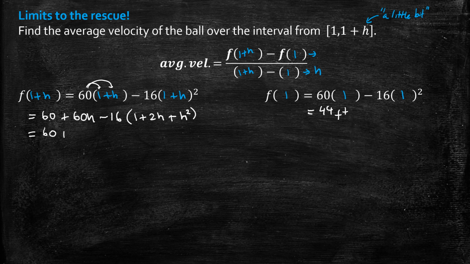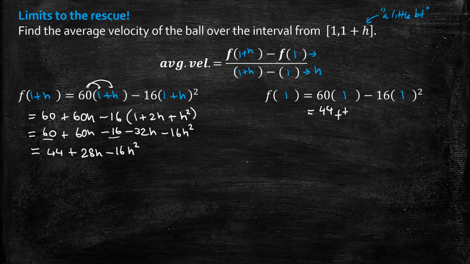Now let's distribute the 16, getting minus 16 minus 32h and then minus 16h squared. As a last step, let's simplify where we can. 60 and minus 16 is 44. 60h minus 32h is 28h, and then we still have the minus 16h squared.